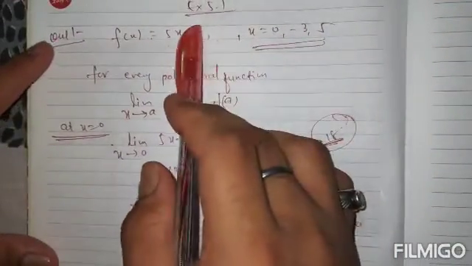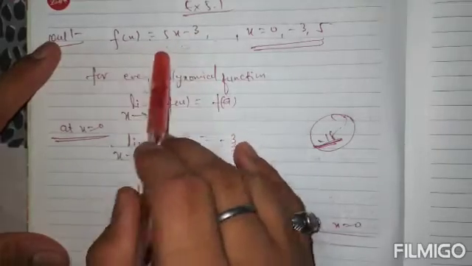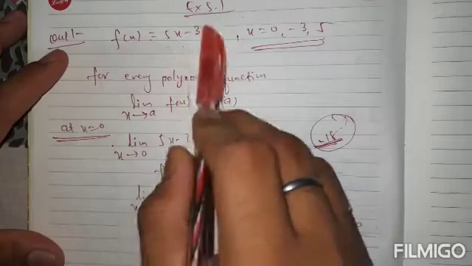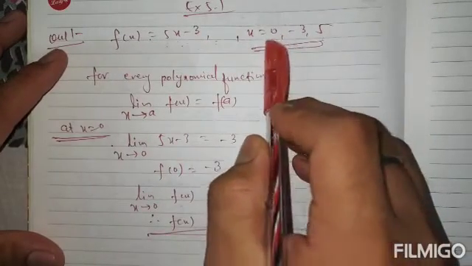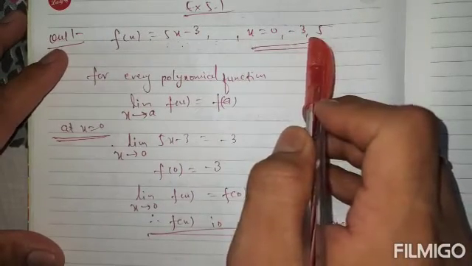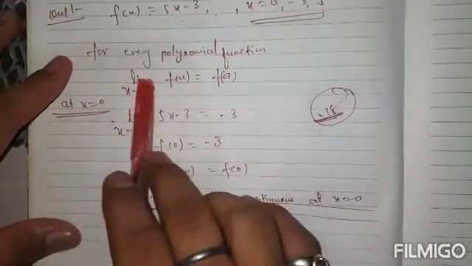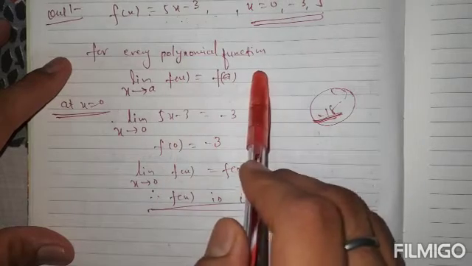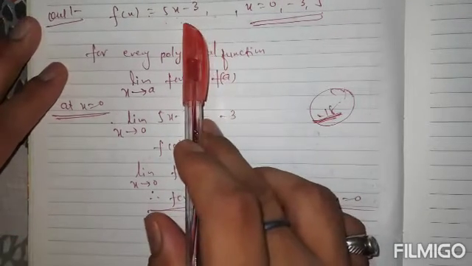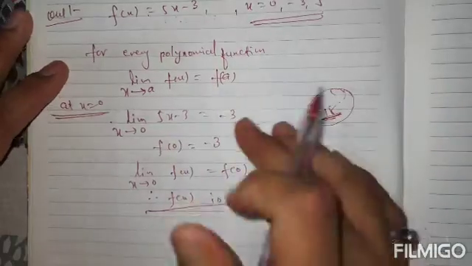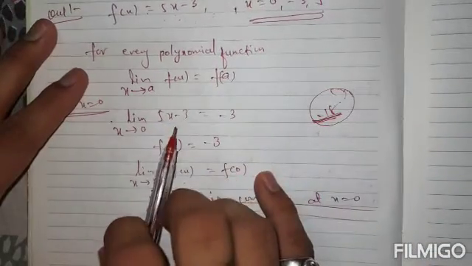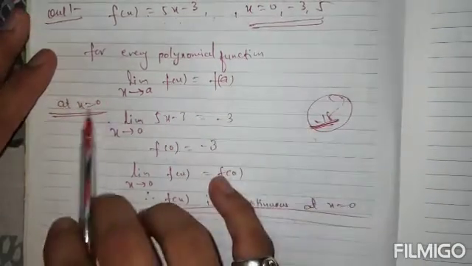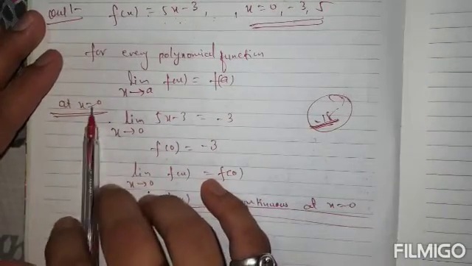Now let's discuss one of the examples. See, this is exercise 5.1. Question 1 contains f(x) equal to 5x minus 3, and you have to check the continuity of this function at the points 0, minus 3 and 5. You know, students, that for every polynomial the limit as x tends to a of f(x) is equal to f(a). This is a linear polynomial function. First we check the continuity at x equal to 0.